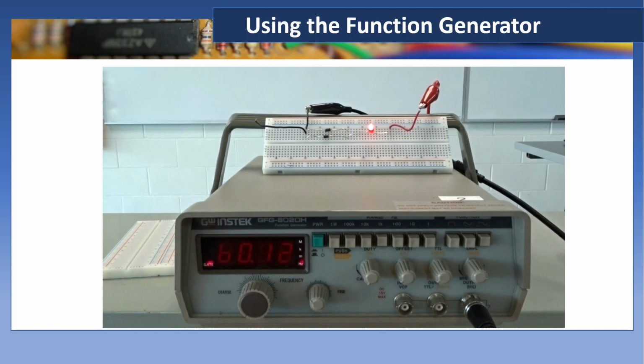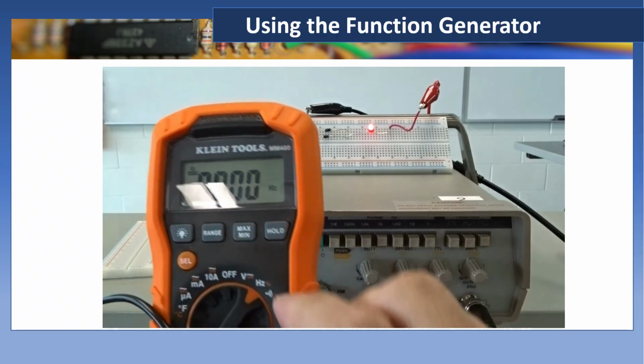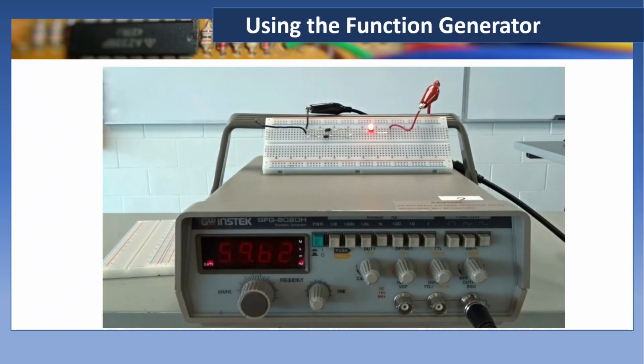And when I'm watching this, I can now take my meter and check what my hertz is by setting my meter up to read hertz. So I'm going to move that to there. It's now reading hertz. I can now use the lead to actually measure my frequency.